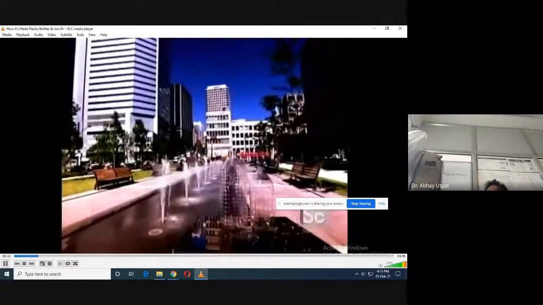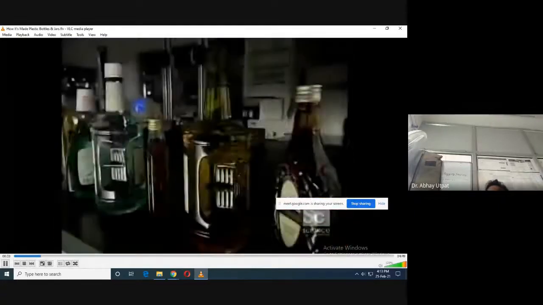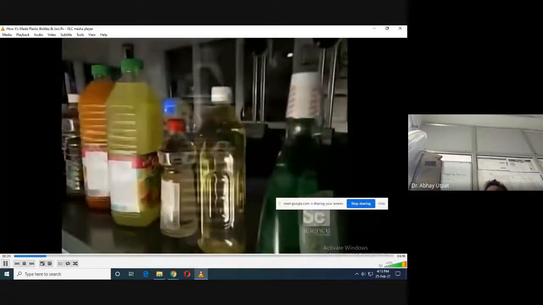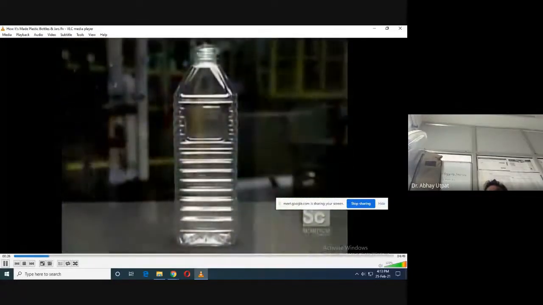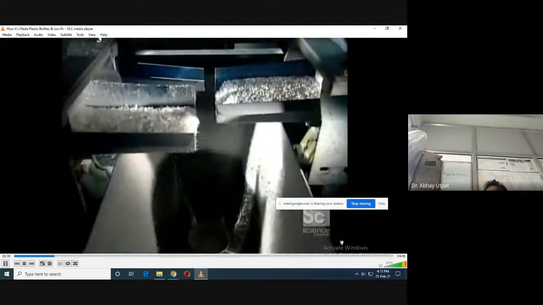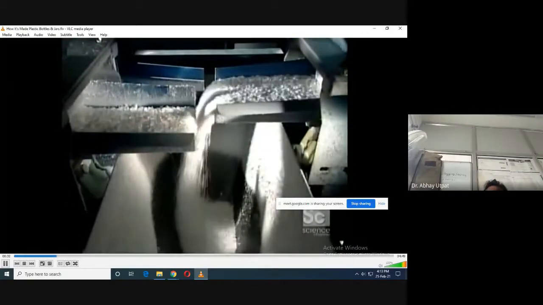So this is the video of blow molding. These are different materials which are kept. See now bottle size and its comparison.